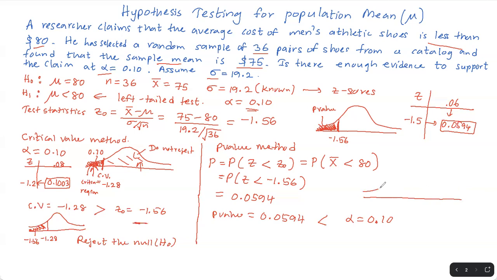That means if you look at the graph, your p-value is this much in the left tail, 0.0594, and alpha is bigger. So your whole p-value is less than your alpha, right? It's in the critical region. So therefore, we reject the null.